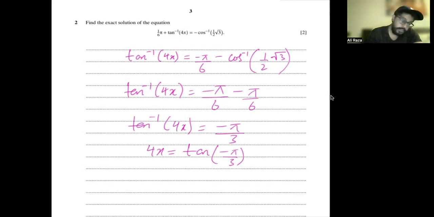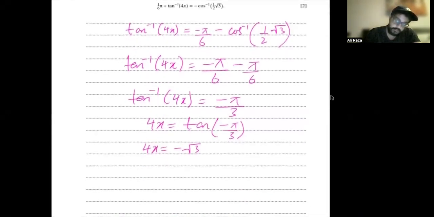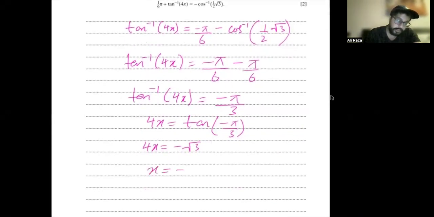This comes out to be 4x is equal to minus root 3. So x is equal to minus root 3 over 4.